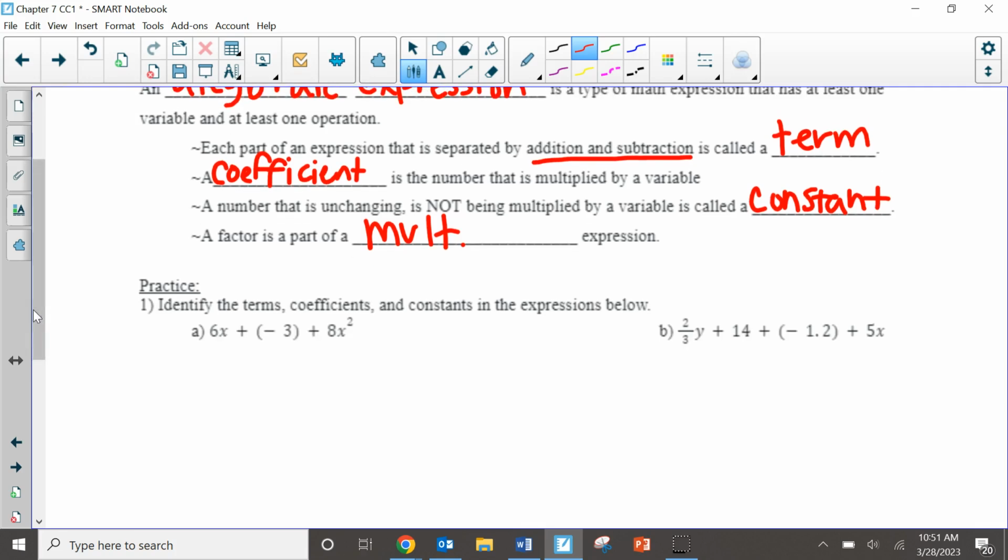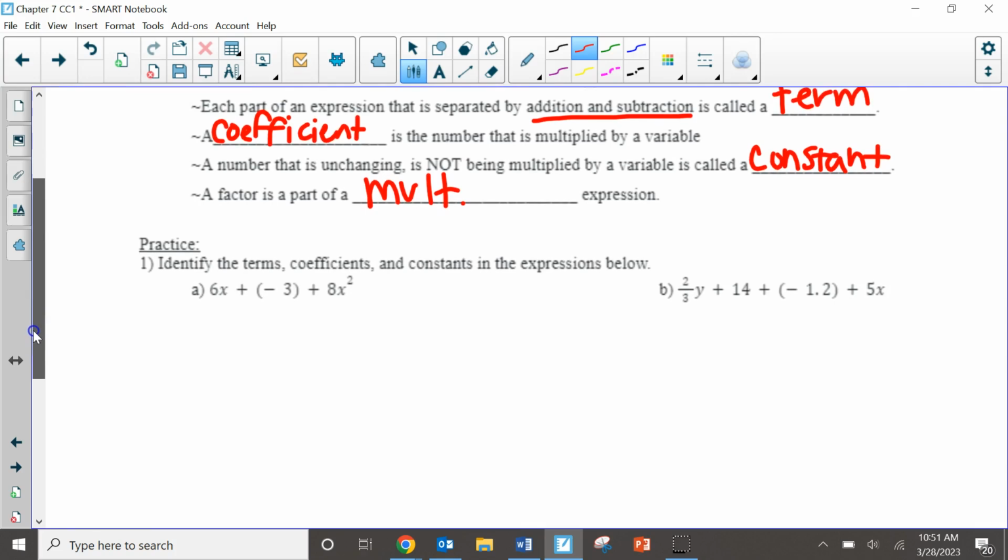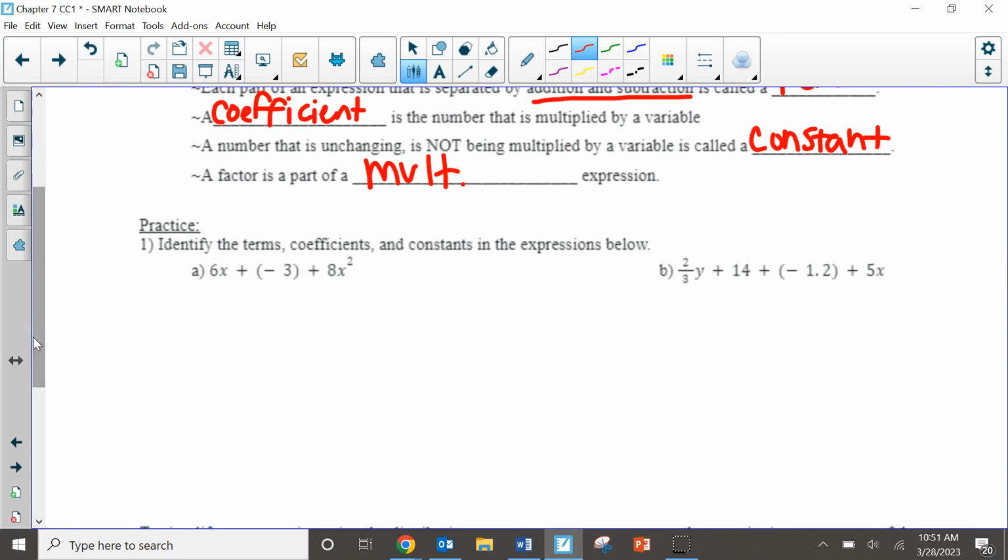They are kind of the building blocks of it, and they are separated by either an addition or subtraction sign, okay? So I always go through and circle my terms. And yes, you take the sign with it in front. In this -3 case, I'm going to take the negative sign and not the plus sign because the negative belongs to the 3. So for terms, we have 3 in this expression.